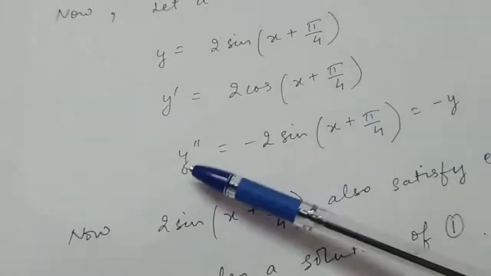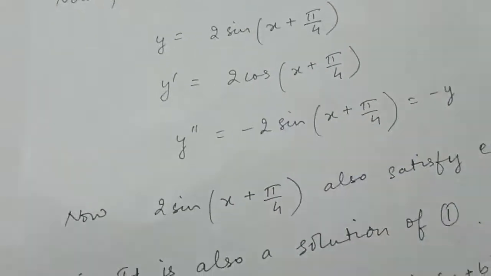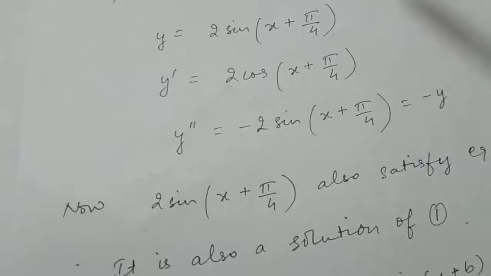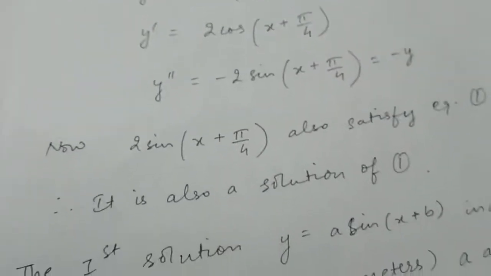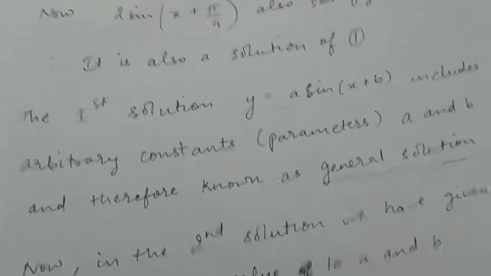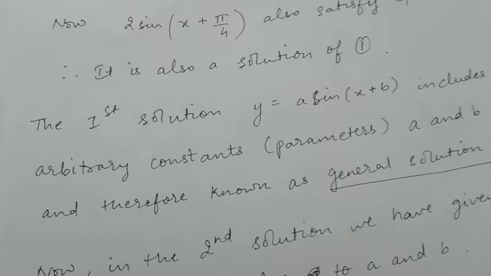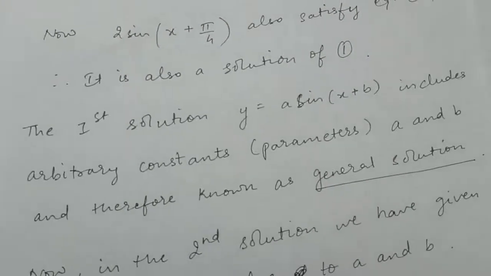When you put this value of y double dash in the given equation 1, you will find that this function also satisfies that equation. So this is also a solution of 1. So any function which will satisfy the given differential equation will be its solution, right?